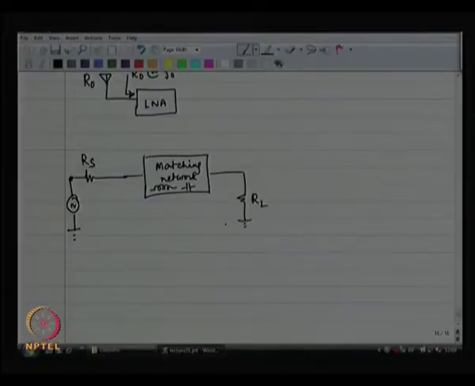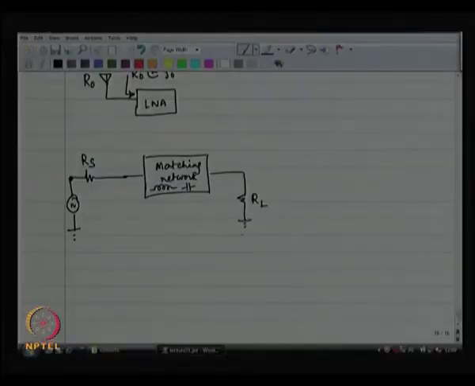Now, the key over here that I want you to understand is that the load that you are delivering power to has got to be resistive. If you do not have a resistive load, then you can't possibly do matching. If this load over here is not resistive at all, if it was a resistor in shunt with a capacitor, I can do it. I can do matching.